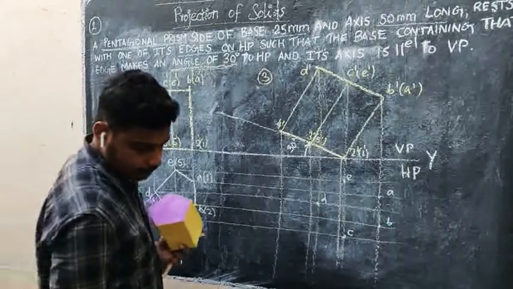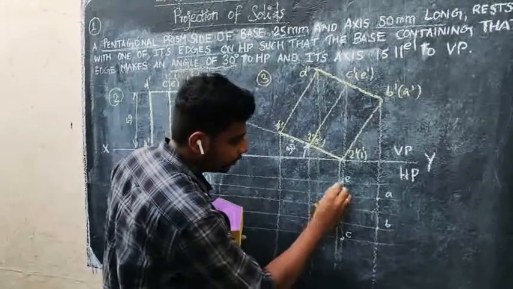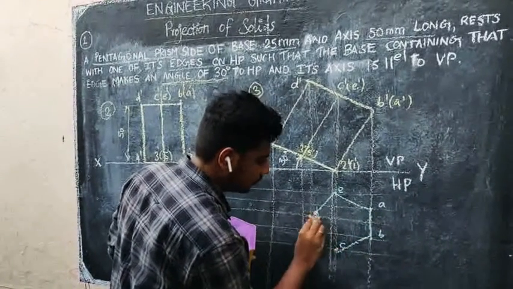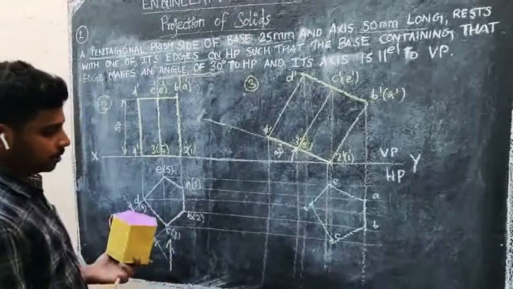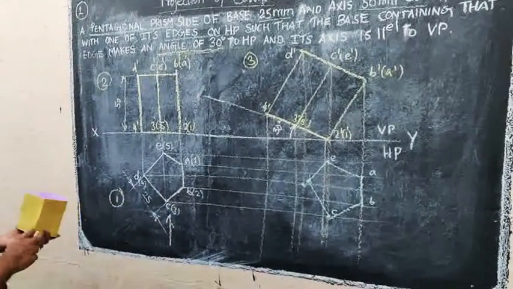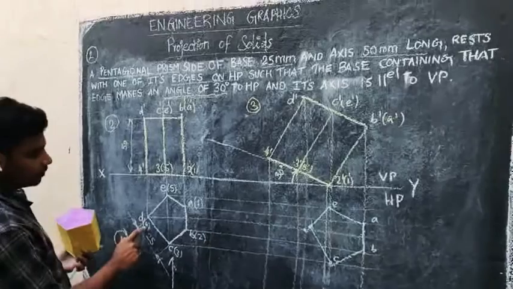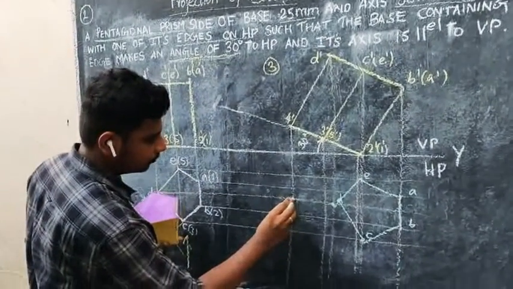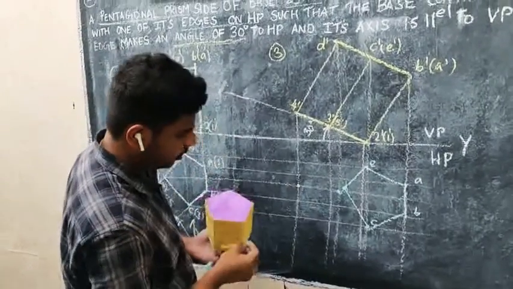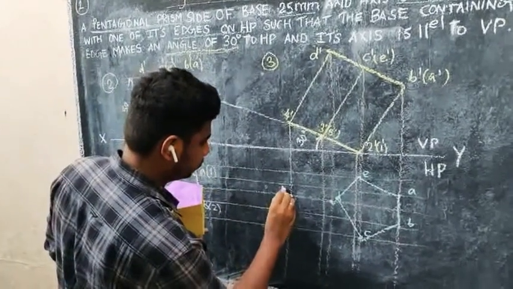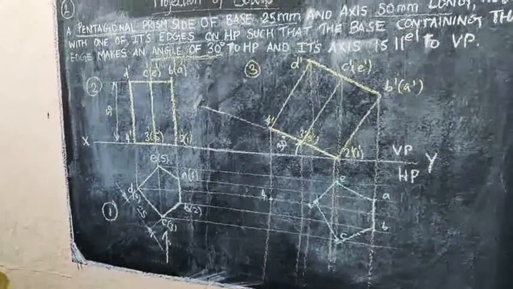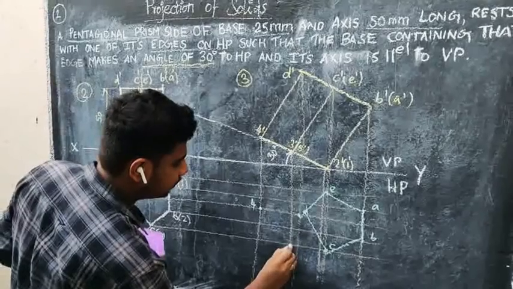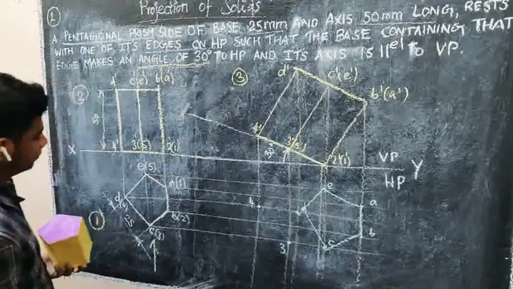So you combine this. When you are combining this, you will get a shape like this, right? The same way for the numbers. Here, this is your point 4, and it is meeting here, and this is your point 4. The same way, this is your 3, and it is meeting here, and this is your point 3, right?